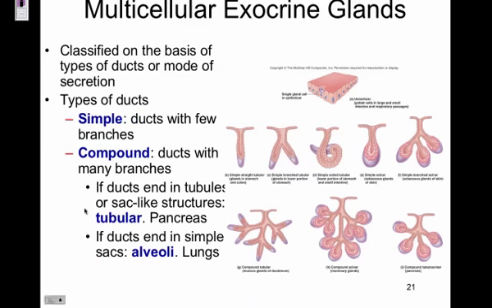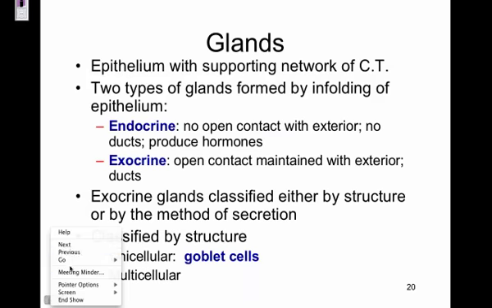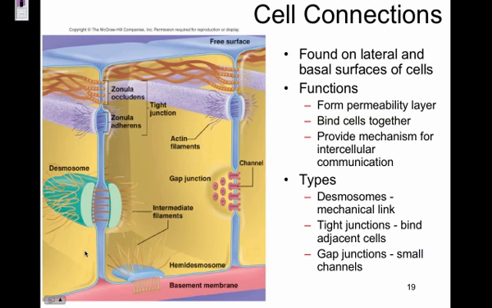And then cell connections. Since there are no blood vessels, the cells have to diffuse and communicate with each other just by being side by side, and they are called junctions a lot of times.